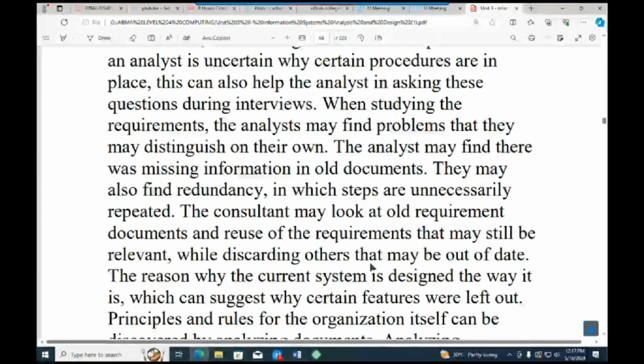So when you're studying the requirements as an analyst, you may find problems that may be distinguished on their own. You may find there is some missing information maybe in old documents, or you may find there is redundancy in which we have steps that are unnecessarily repeated.